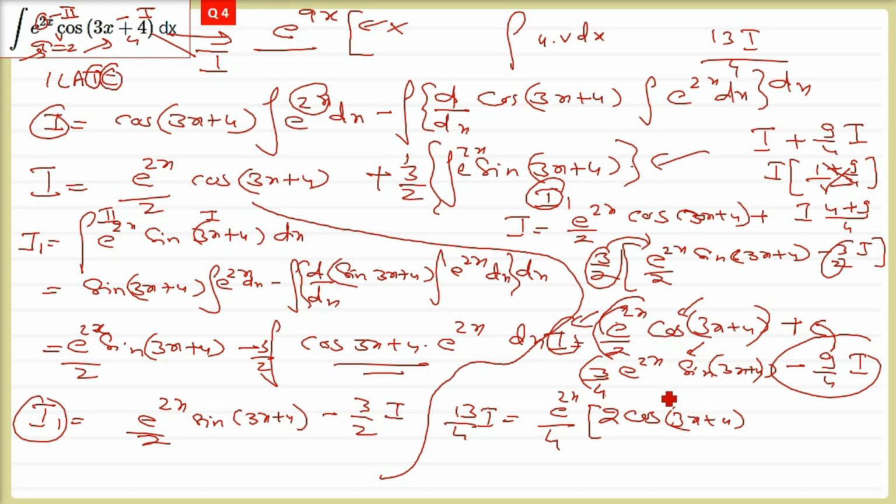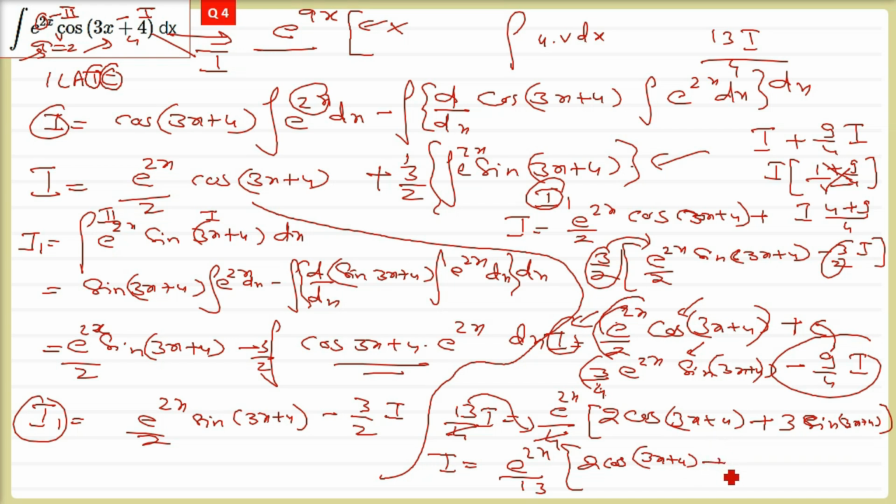It will be 3 sin(3x + 4). Now this 4 you can cancel. You can bring this 13 to the denominator of the right hand side. So I will become e^x divided by 13, times 2 cos(3x + 4) plus 3 sin(3x + 4), and that's your final answer along with the constant of integration.